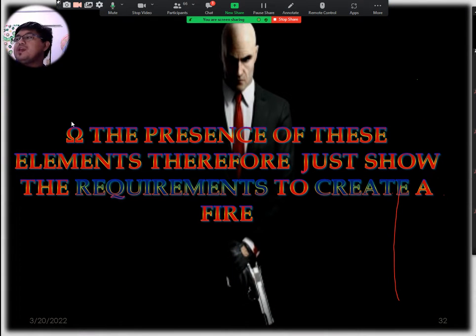So, sabi dyan, the presence of these elements therefore just shows the requirement to create a fire. Yun nga yung sinasabi ko sa inyo kanina, that this fire triangle only tells us ano yung kinakailangan mo para makagawa ng fire. Parang sabi natin kanina, if you want to become a police officer soon, okay?